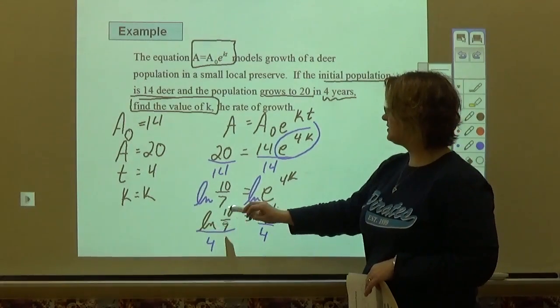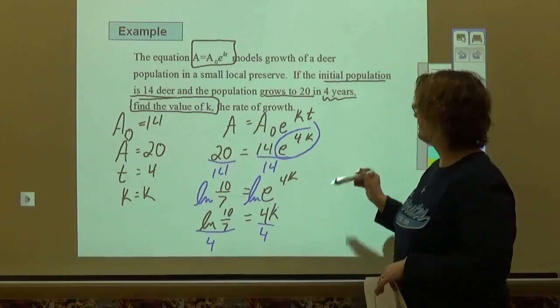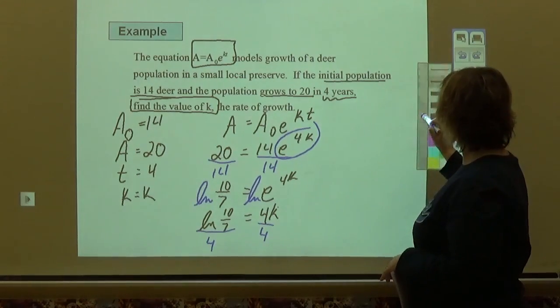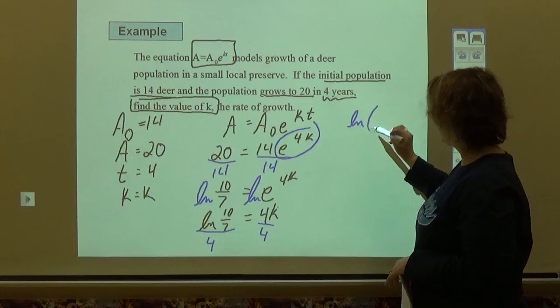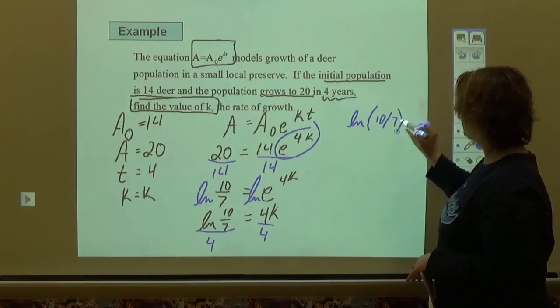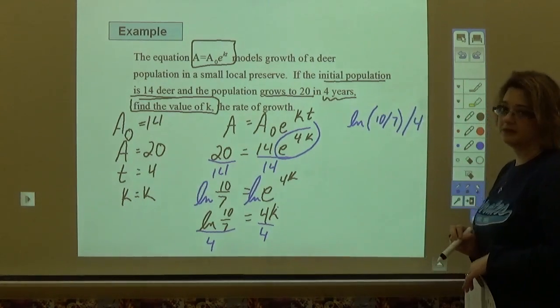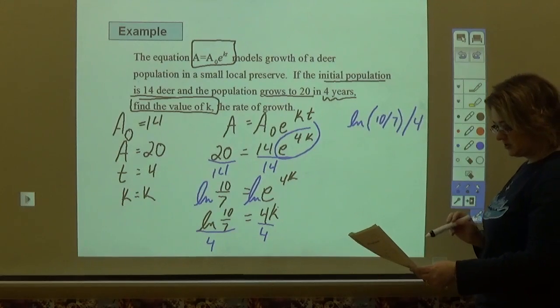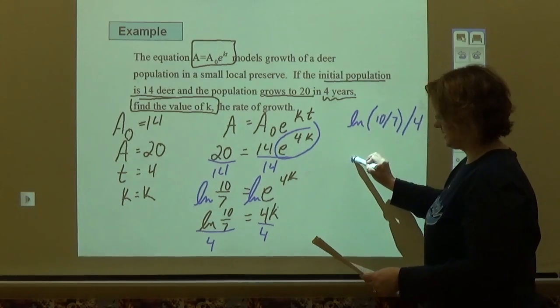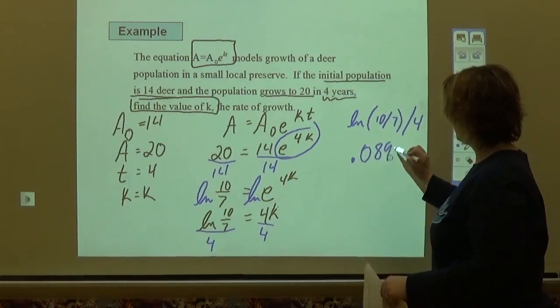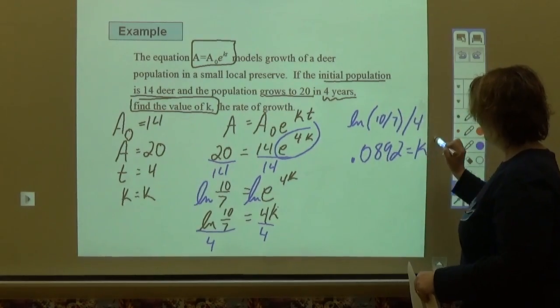When you type this into your calculator, just make sure you end the parentheses. So it should look like natural log, parenthesis, 10/7, then divide by 4 is how that should look when you type it. So you get 0.0892 equals k.